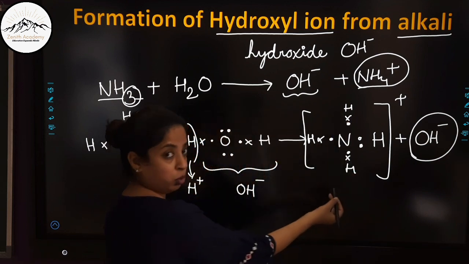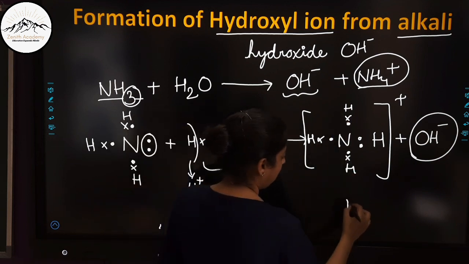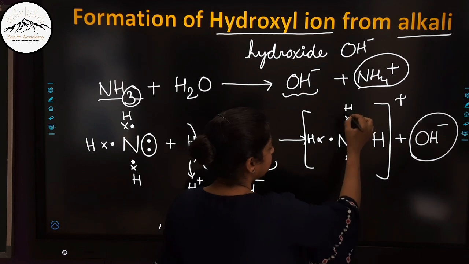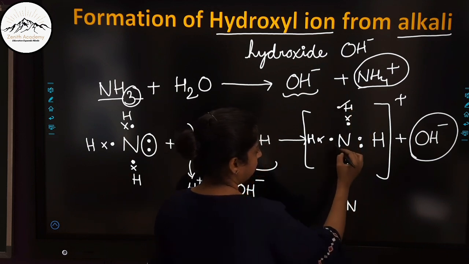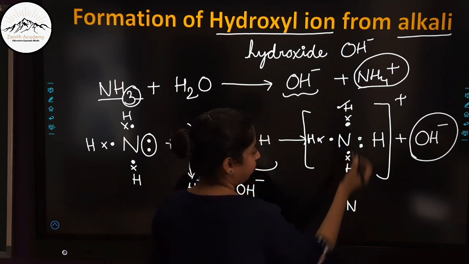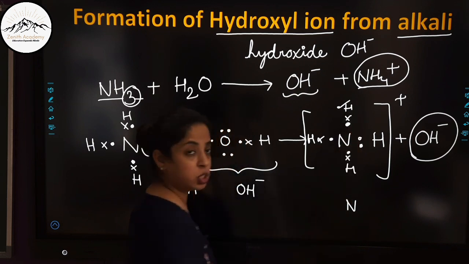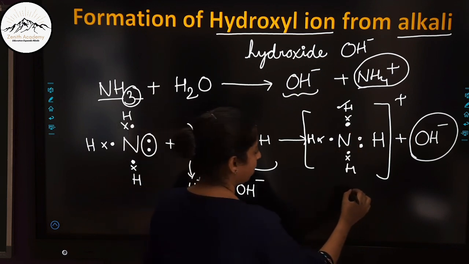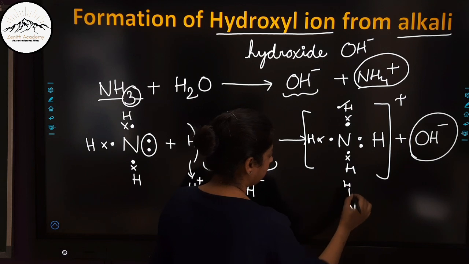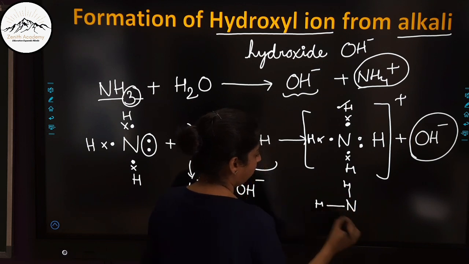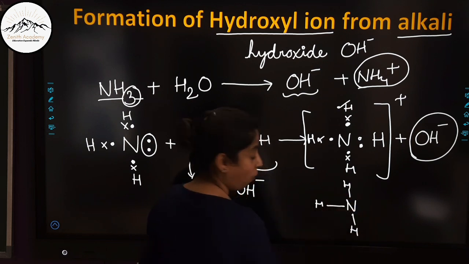Now if you want to draw the bond, this nitrogen and this hydrogen, 1 electron is provided by nitrogen, 1 electron is provided by hydrogen. So it is forming a covalent bond. Here also it is forming a covalent bond. Here also it is forming a covalent bond.